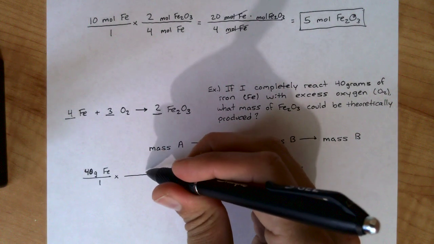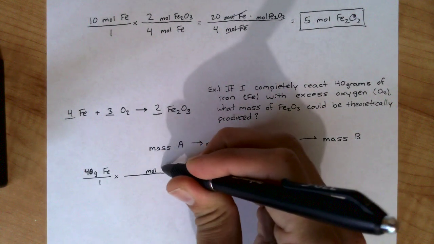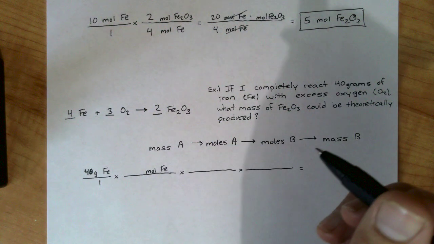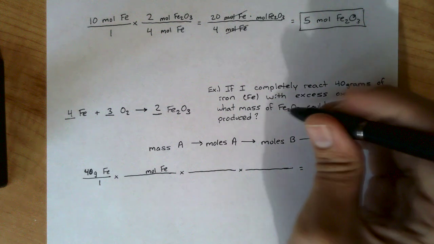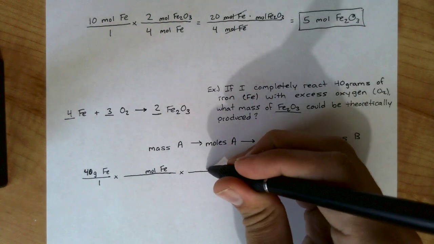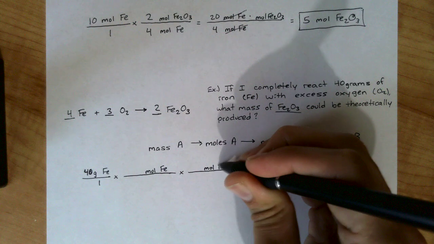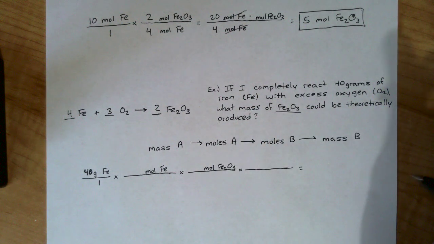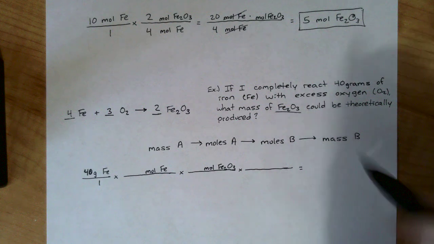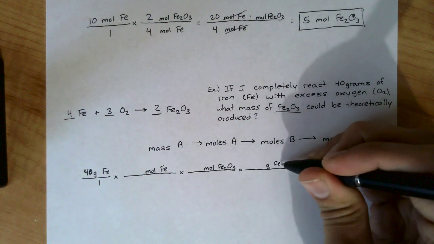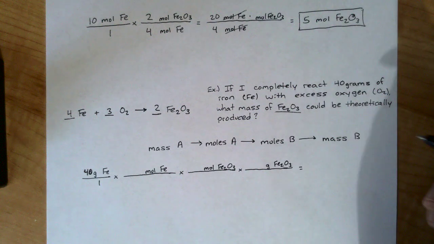We're going to go from mass of A to moles of A, which in this case we define as iron. And then from moles of A to moles of B, well, what's the B that we're looking for? Iron 3 oxide. So we're going to convert that to moles of iron 3 oxide. Okay. And now from moles of B to the mass of B, we want grams of iron 3 oxide.